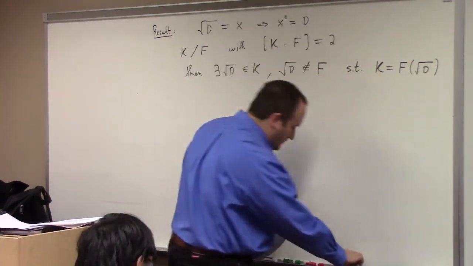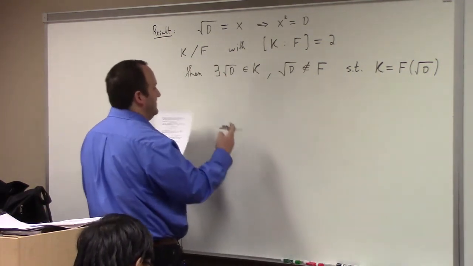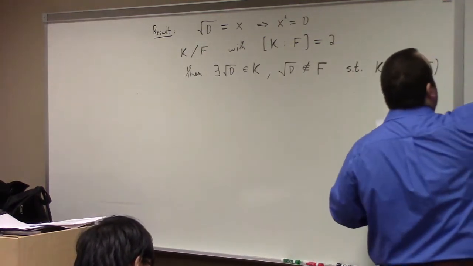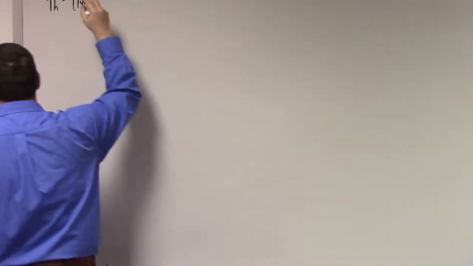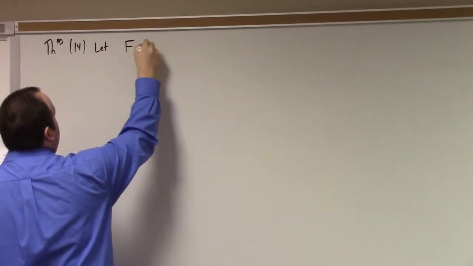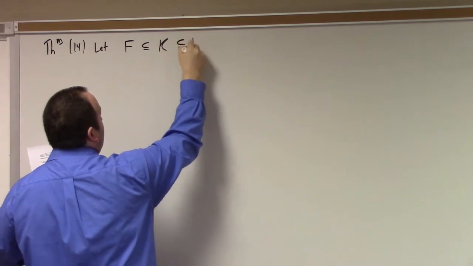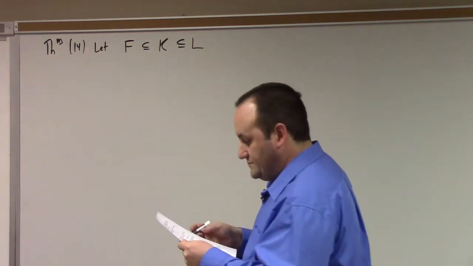All right. Theorem. I guess I'll put it over here. Theorem 14, really the main event for today. Let F be a subfield of K, be a subfield of L. So in other words, L is an extension over K, and K is an extension over F, all right?